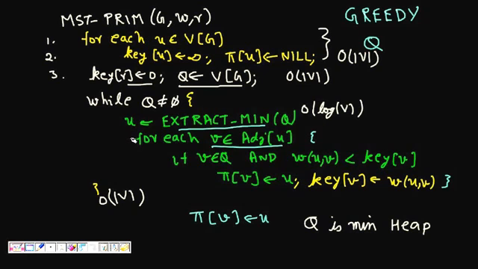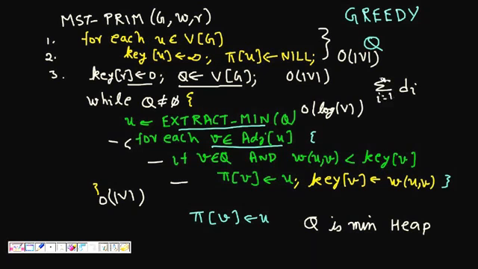Then if we see this part of the code, for each v adjacent to u, this is running over all the vertices. So for all the vertices, you are trying to look at all its edges. It will be summing up all the degrees d_i, and if you sum all the degrees of the nodes, that is, we will be looking at all the edges.